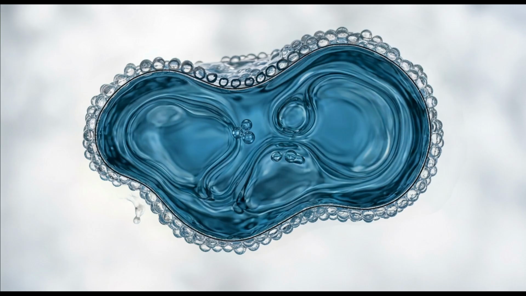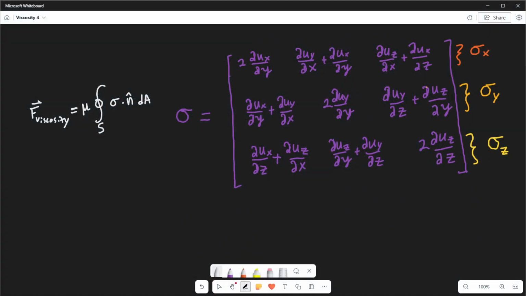It is basically to go around the surface of the blob and take this integral: the viscous stress tensor dotted with the surface normal times the area at that section of surface, and go through all of these sections and sum the viscous forces on each of these little unit areas on the surface.